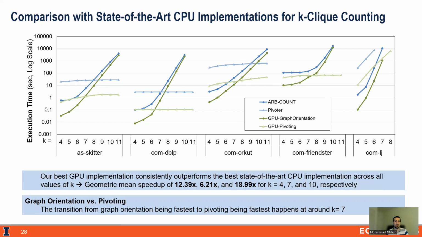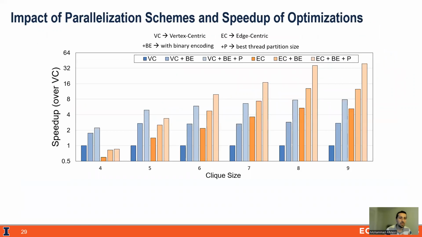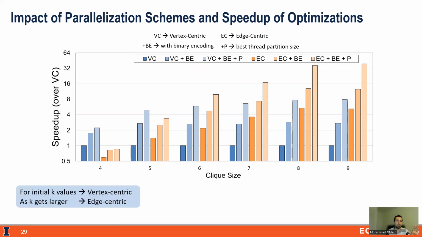Also, we study the impact of parallelization, binary encoding, and subword partitioning in general, and we compare it against a vertex-centric approach with just using induced subgraph without binary encoding. And we can see some insights here that for initial K values, it's recommended to use vertex-centric.